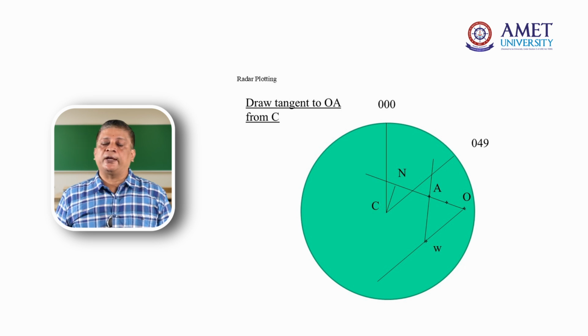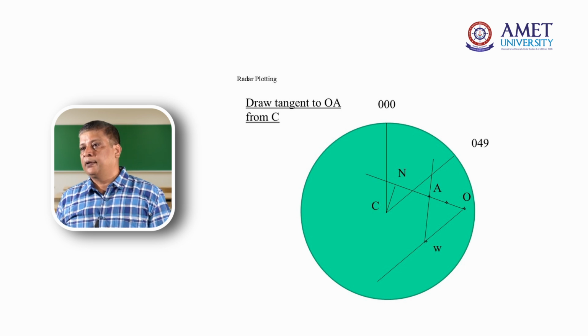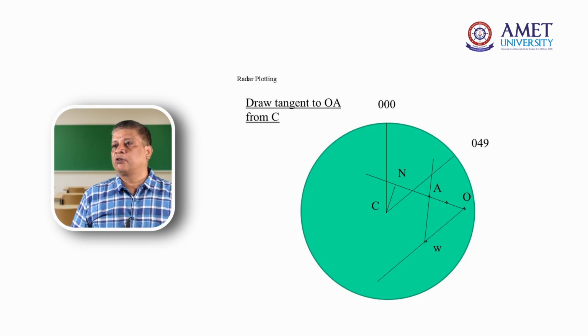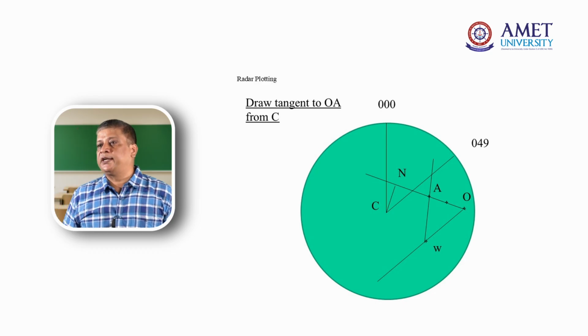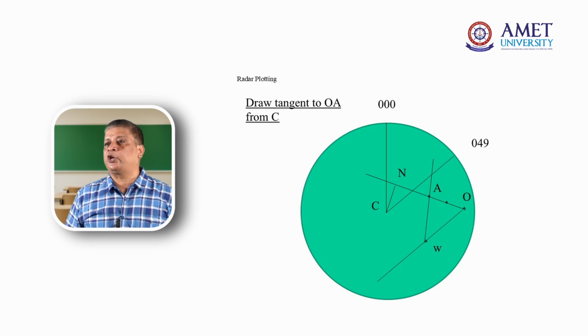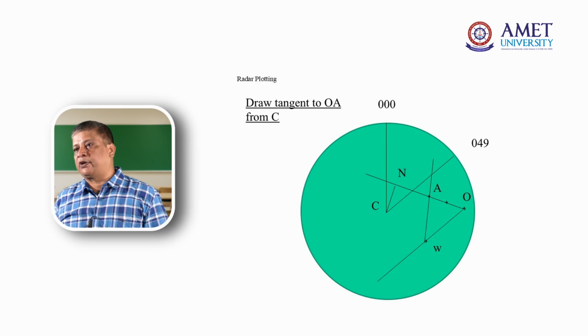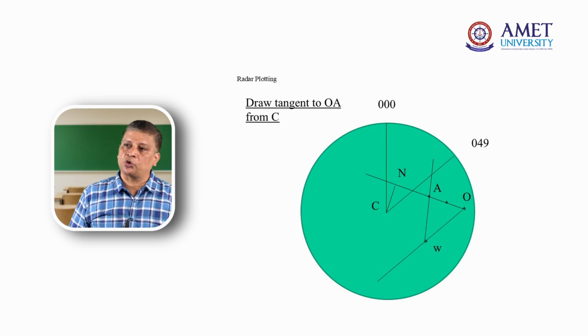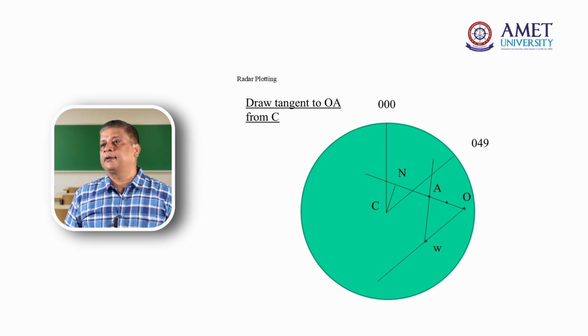So we extend this line OA past the center of the screen of the PPI and drop a perpendicular to the point C, and we mark that point as N. So the distance CN is the closest point of approach of the target, provided we don't alter our course and speed and the target also doesn't alter her course and speed. So CN is the closest point of approach.